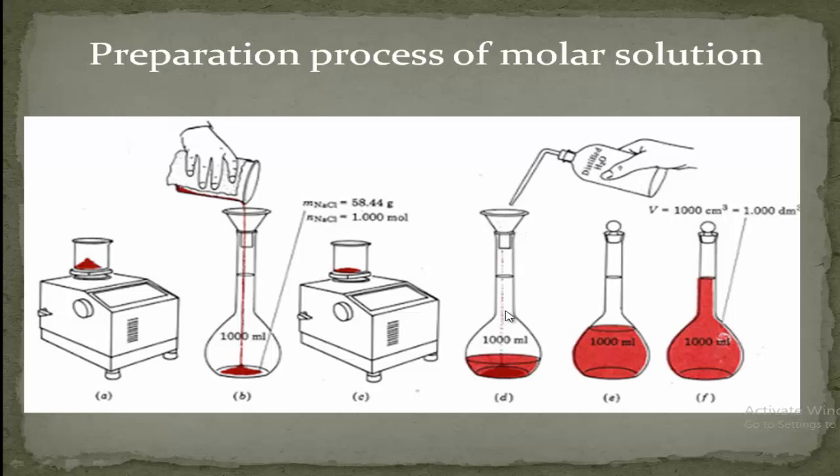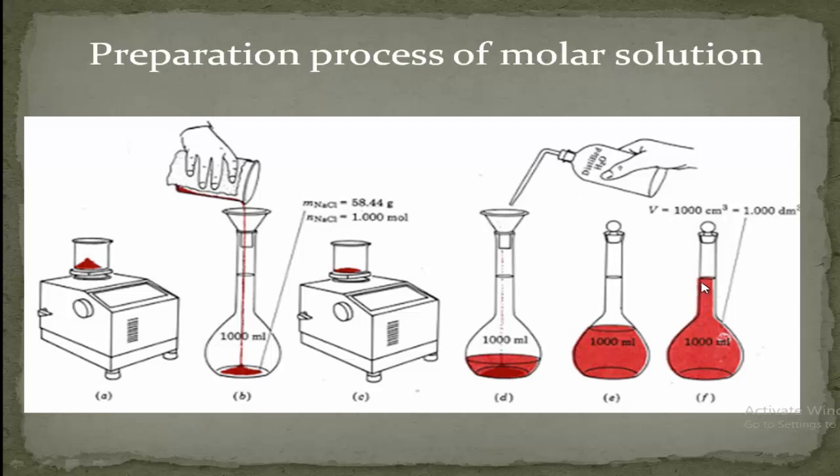Then we add distilled water from a wash bottle carefully, gradually and slowly, and we will fill up this volumetric flask up to the calibration mark. We have to fill up to this calibration mark very carefully and perfectly. Then our desired concentration of the solution will be perfect.